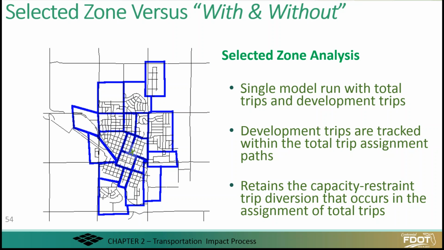So the selected zone analysis allows you to do a single model run with the total trips and the development trips, and you are then able to track the specific trips from that site throughout the network, and those trips are diverted on the network in response to the congestion it encounters throughout the region. What this means is that you're allowed to track the full extent of trips emerging from the site.